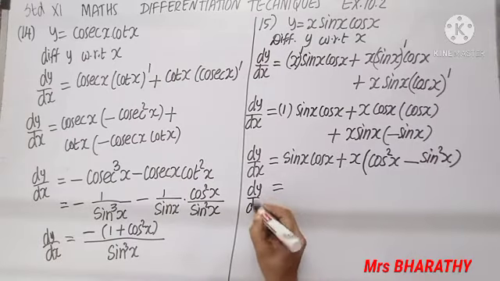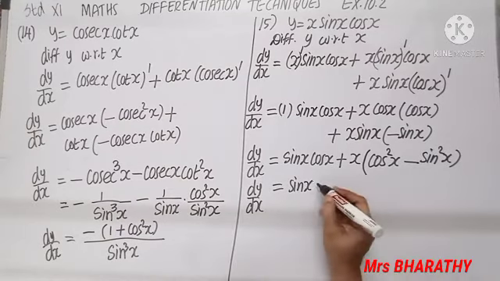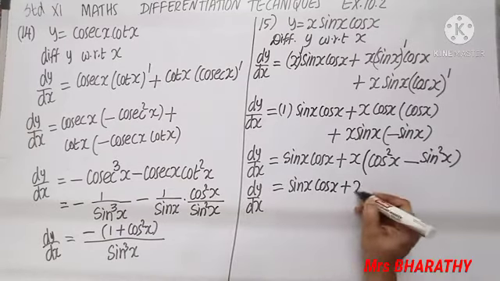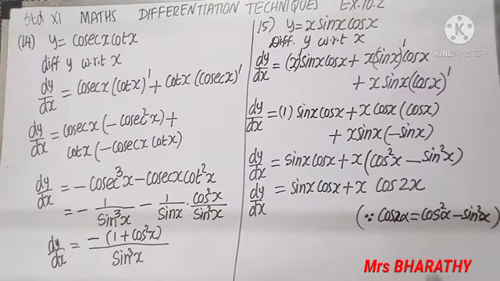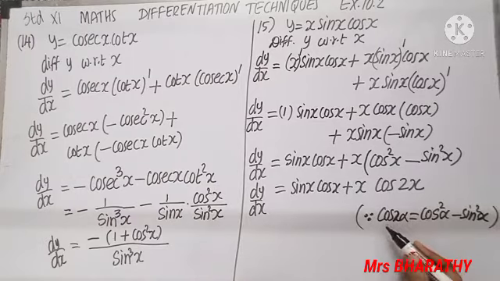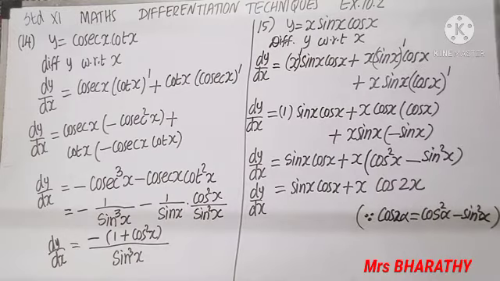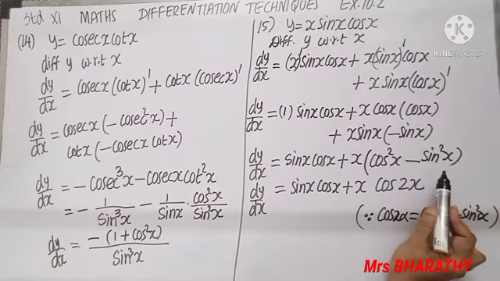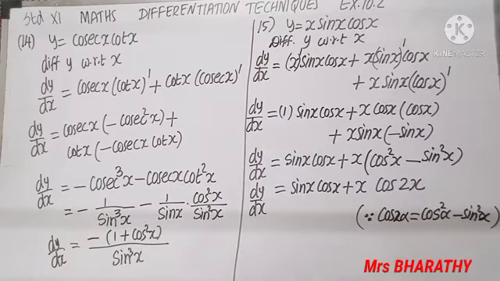As we recall the trigonometry formula, cos 2 alpha is cos square alpha minus sin square alpha. So cos square x minus sin square x is cos 2x, and that is the answer.